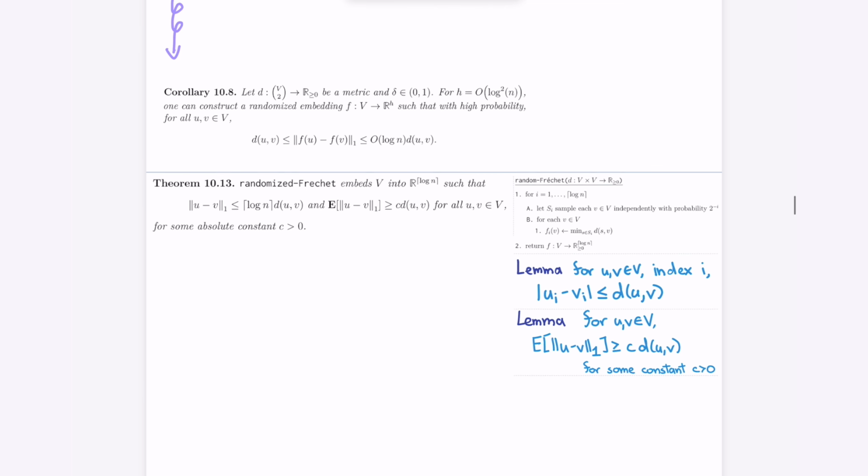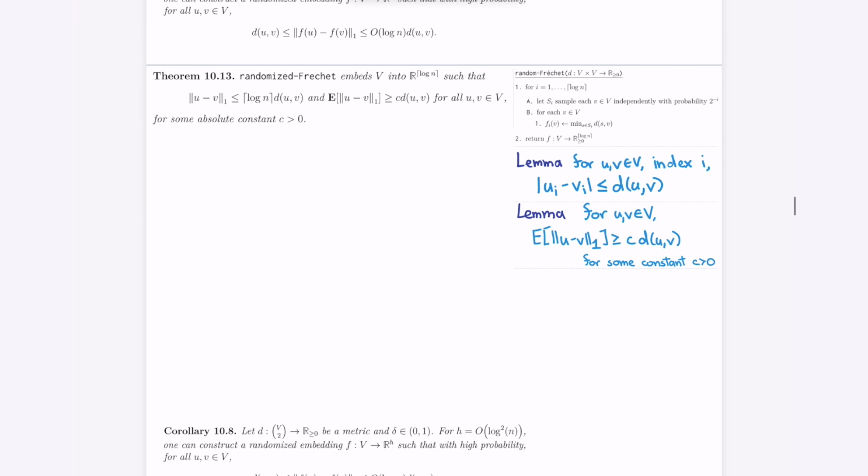Yeah, in particular, you're going to output the average. So you're going to take the average of log n of these, right? And one thing nice, if you want to apply something like Chernoff, you don't want any individual variable to be too big, right? So the fact that you're always bounded above by log n times the thing keeps everything in that small contained regime.